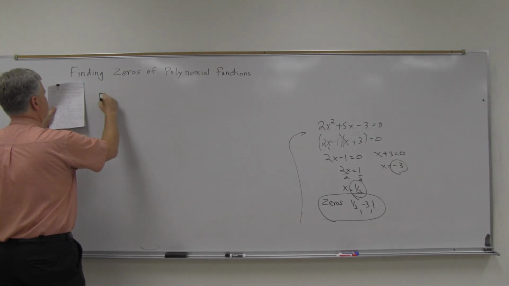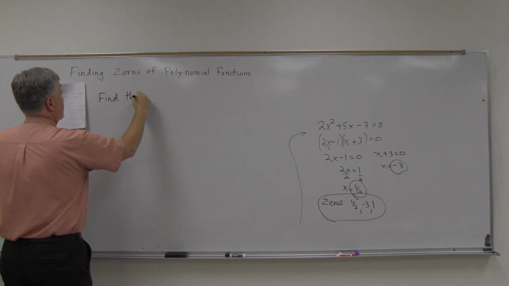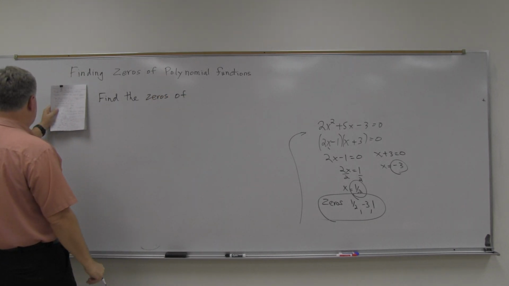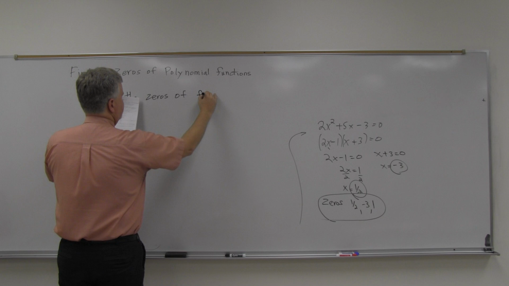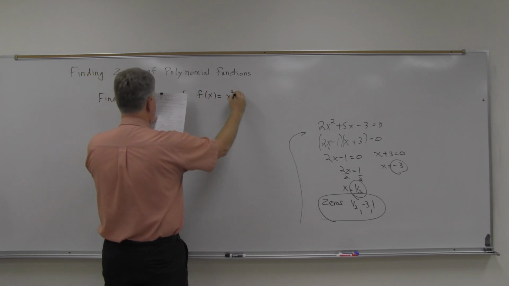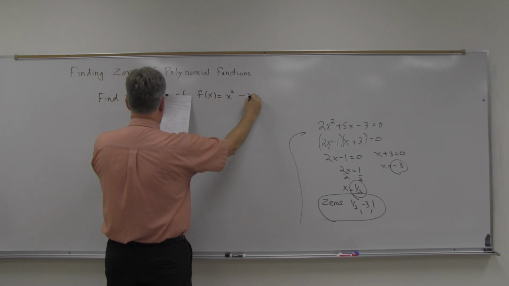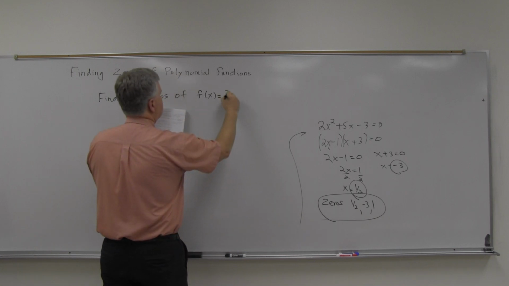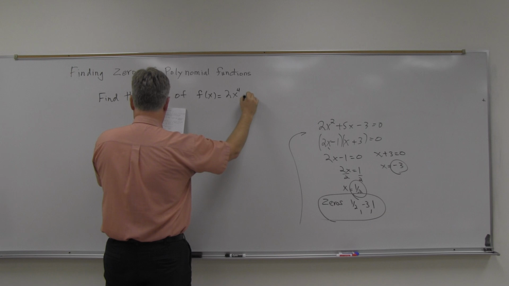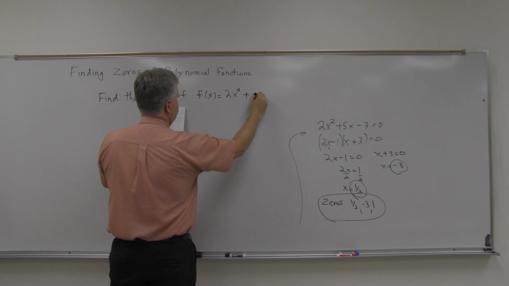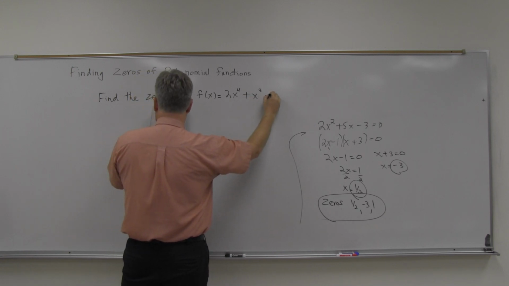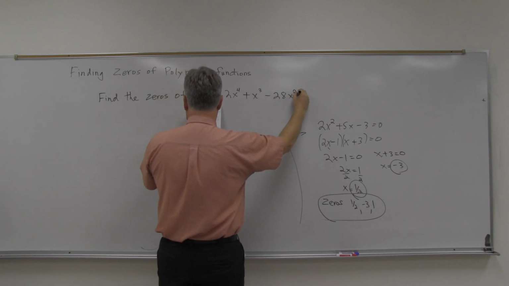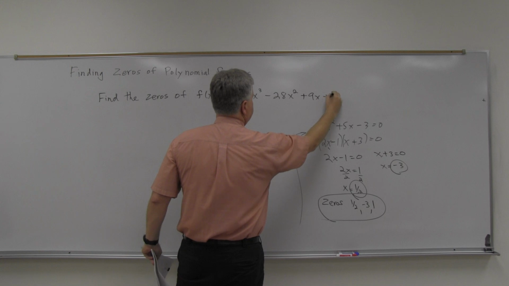So let's find the zeros of f of x equals 2x to the fourth, plus x cubed, minus 28x squared, plus 9x, plus 36.